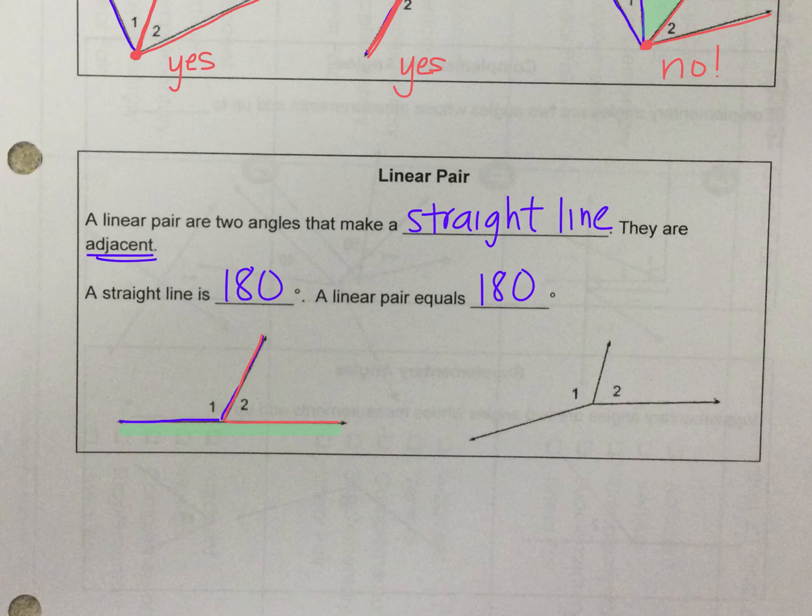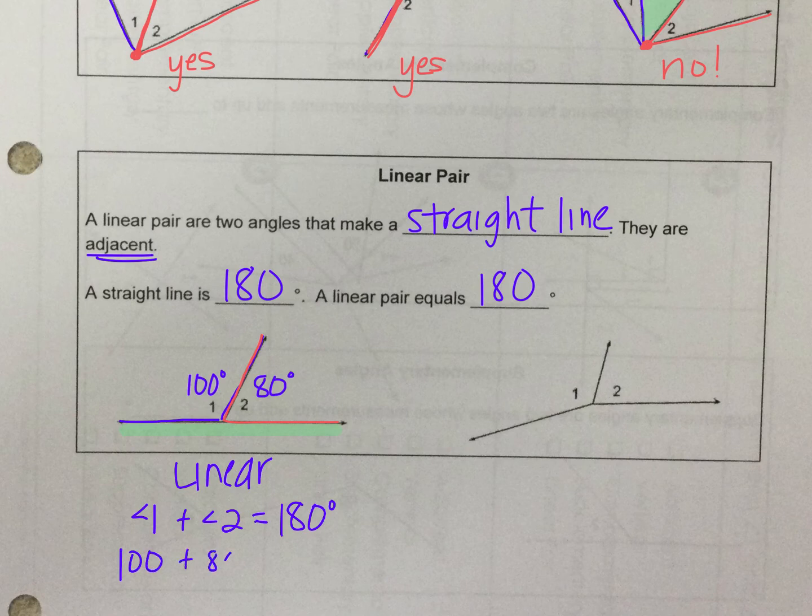Let's look at my next one. So these are linear pairs. And if I told you angle 1 was 100 degrees, we would know that angle 2 is 80 degrees because angle 1 plus angle 2, they are on a straight line, so they're going to equal 180. So 100 plus 80 equals 180. But let's look at this.